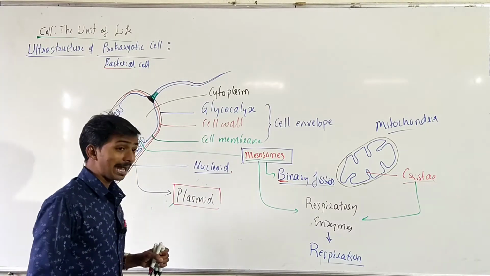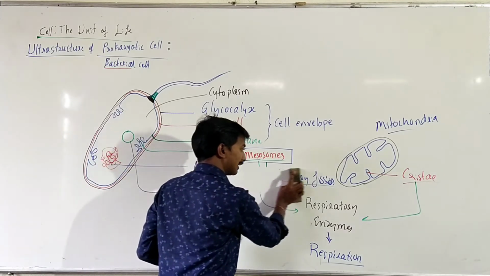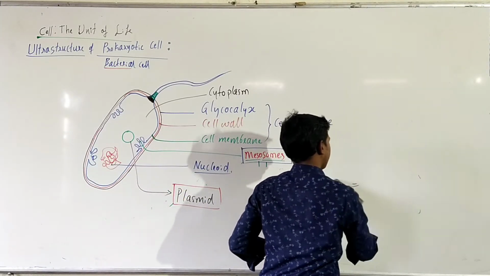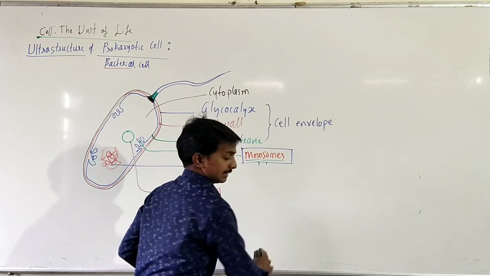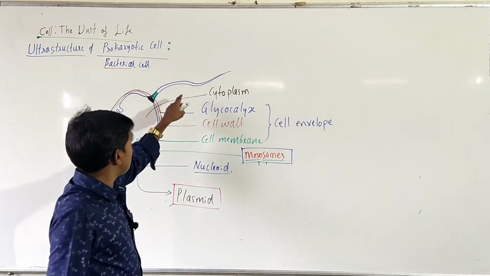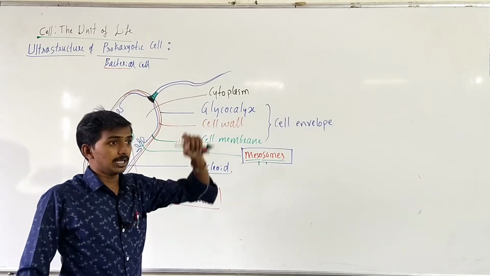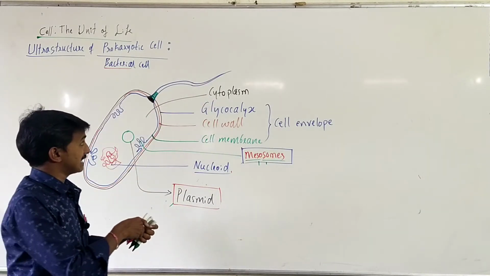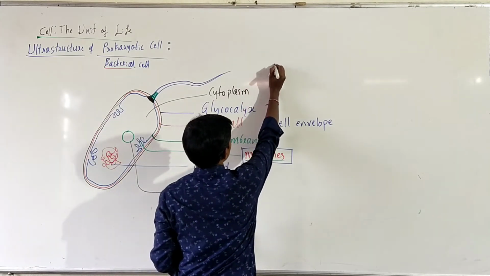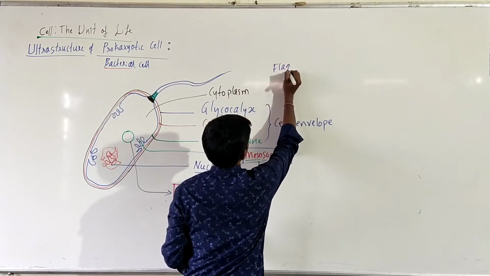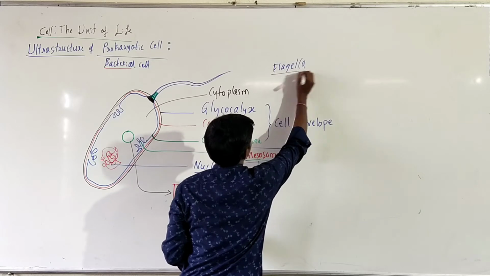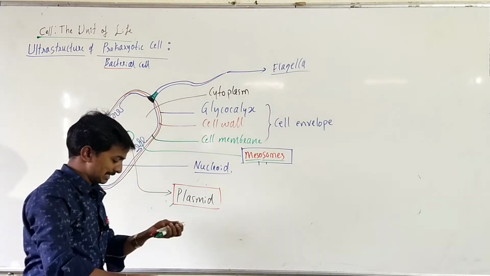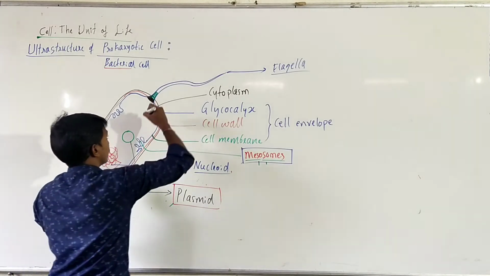In addition to the mesosomes, what other components are present in the bacteria, the prokaryotic cell? We can see a long, cylindrical, filamentous structure that we know as the flagella. The flagella has three parts. I'll label them by alphabets.